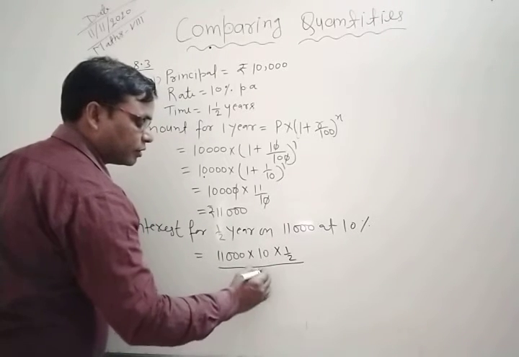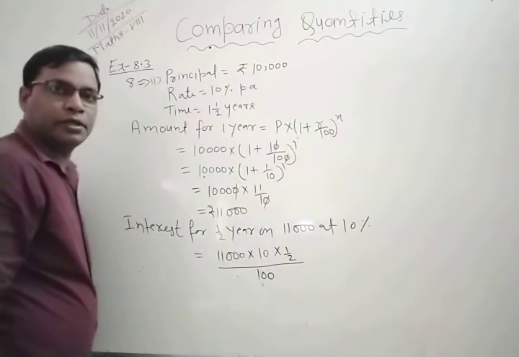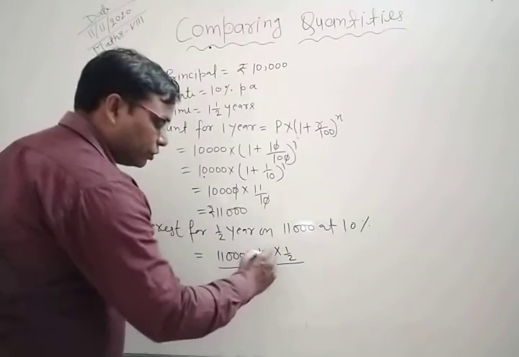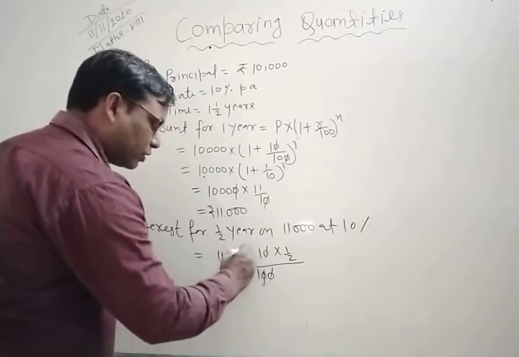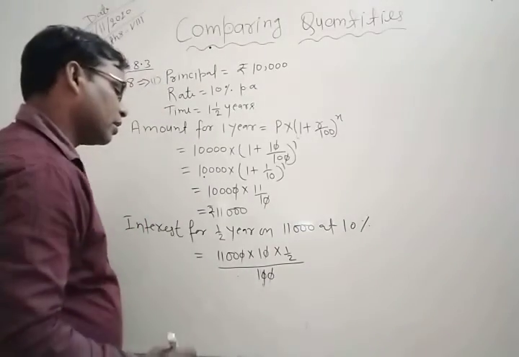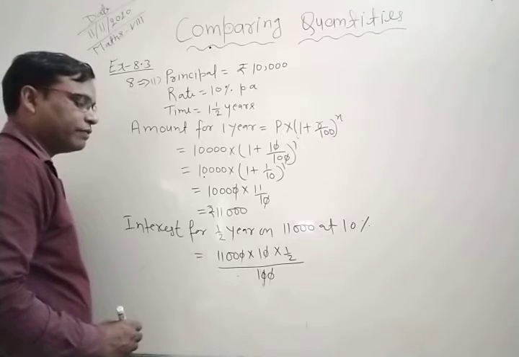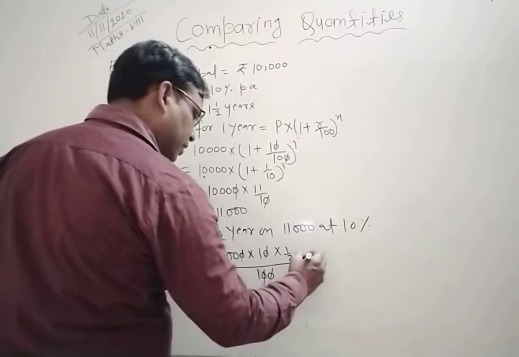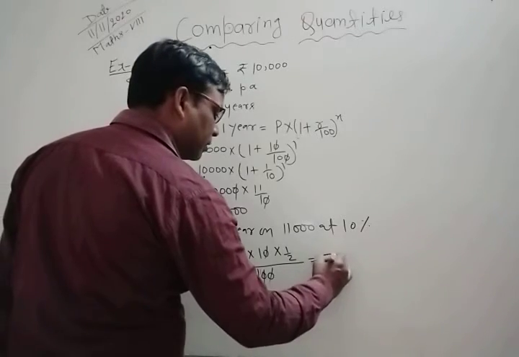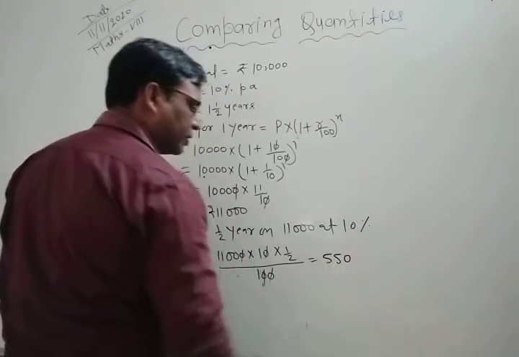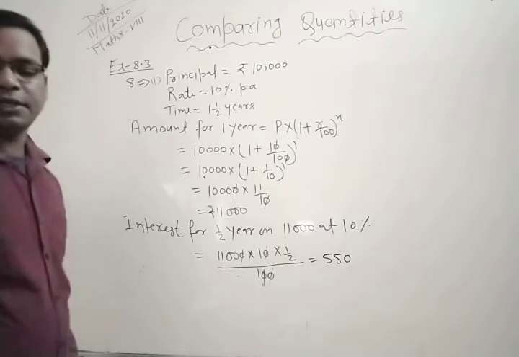Clear? By 100. Okay, so the zeros can cancel. Again here, the 1 and 0 also cancel. If you divide it by 5, then you obtain 550. Clear?